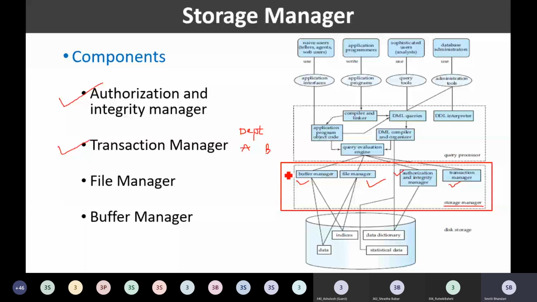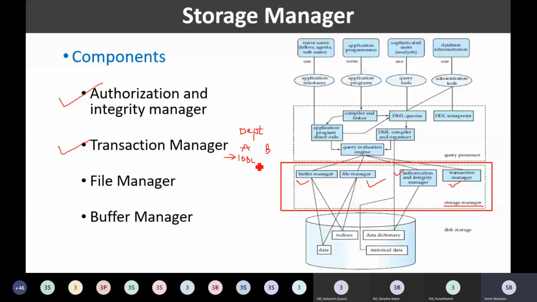Now let us assume there is one transaction where some part of the budget needs to be transferred from department A to department B. Let us assume that the budget of department A currently is 1 lakh, and the budget of department B is 50,000.